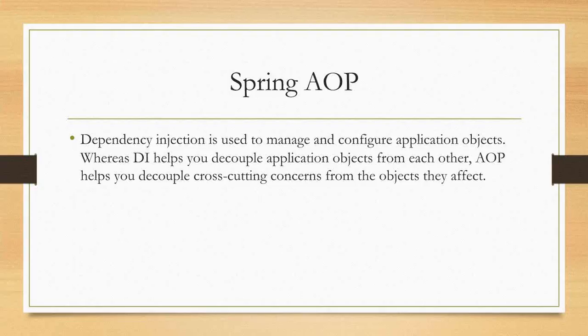What about AOP? There are two things in the Spring framework: one is dependency injection and the other one is AOP. AOP will help you decouple the cross-cutting concerns from the objects they affect. That means separating the cross-cutting concern code from the objects where we use it. So that is what we do here.